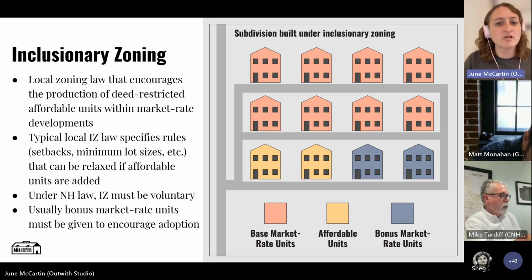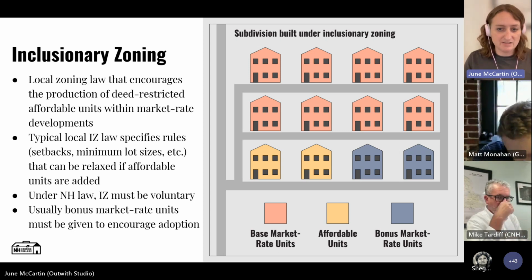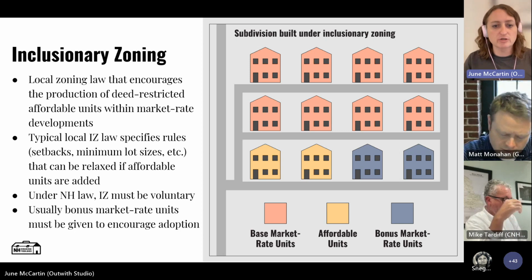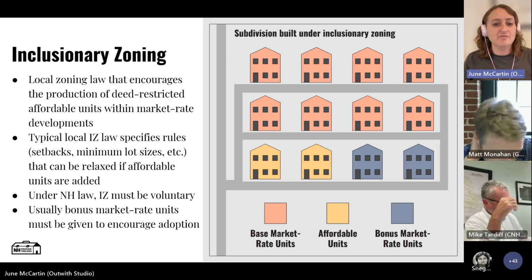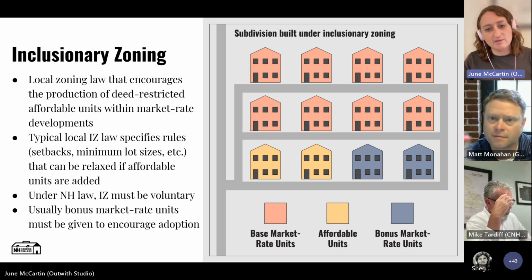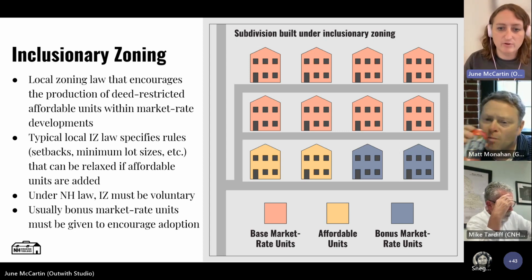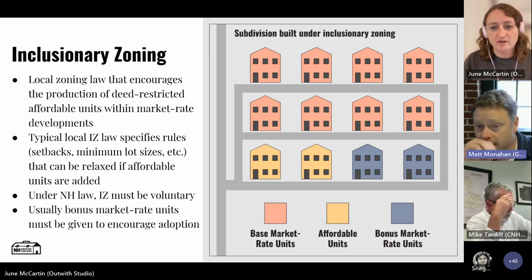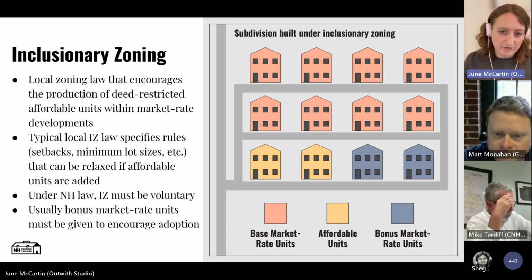Under New Hampshire law, these have to be voluntary, really incentive-based laws. You'll see outside of New Hampshire, some communities have mandatory inclusionary housing that says any apartment building, 10% of those units need to be affordable. It's not how it plays in New Hampshire.